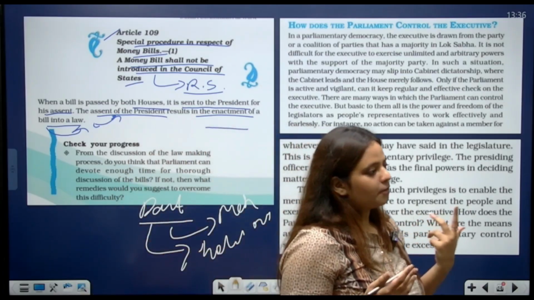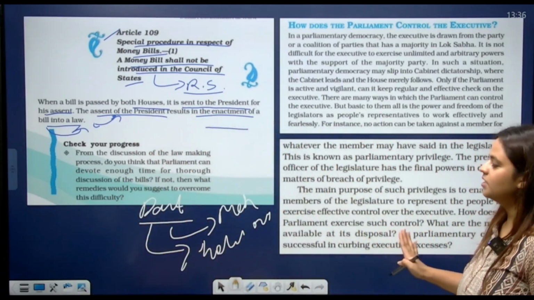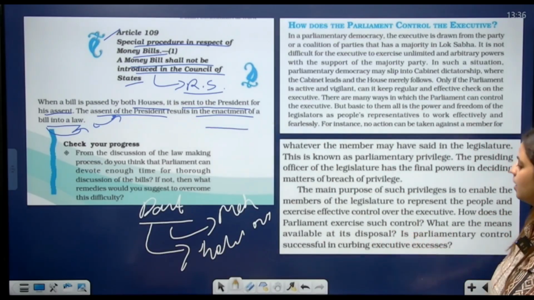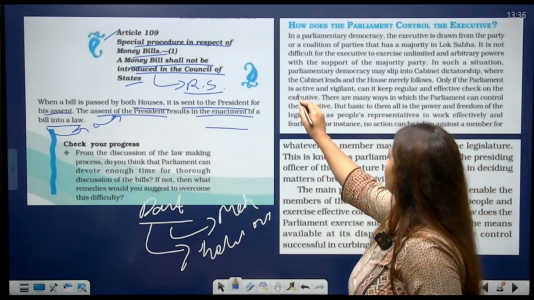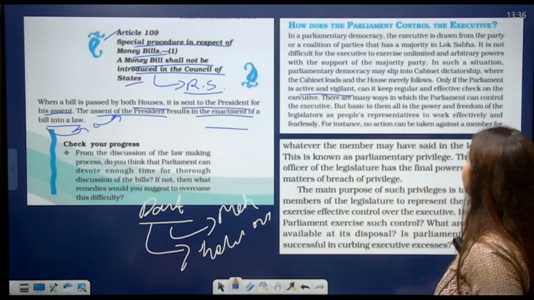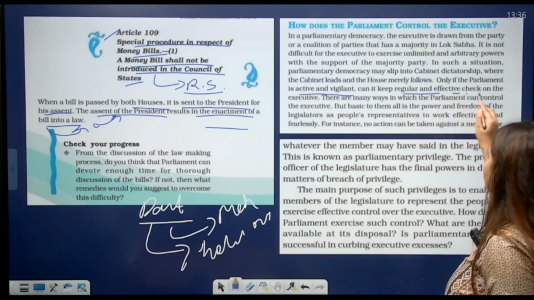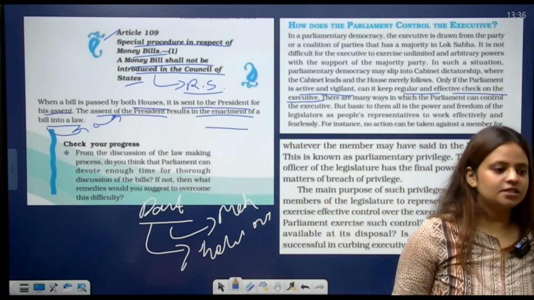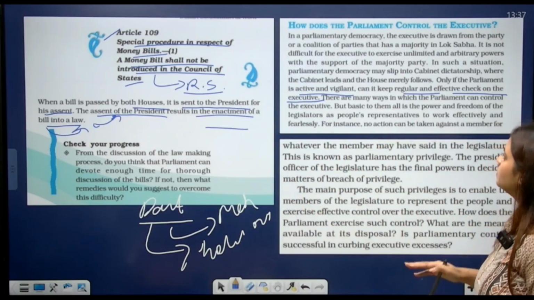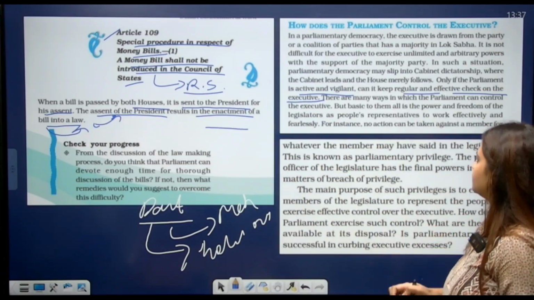So the work of parliament here is very important. The parliament has to be very vigilant and active and keep a regular and effective check on the executive so that it does not mislead or misuse the people.